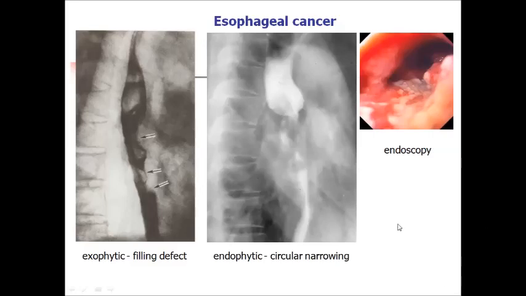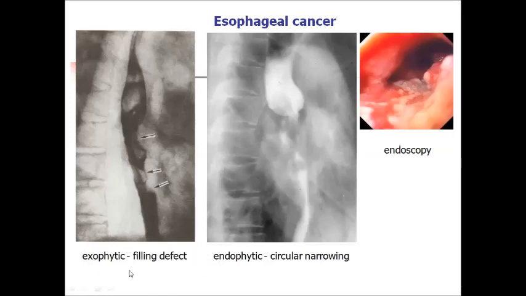There are two main types of growth of esophageal cancer. By the way, two main types of growth are also for gastric cancer, for colon cancer, for rectum cancer. These types are so-called exophytic and endophytic.